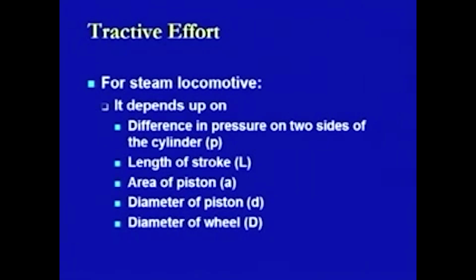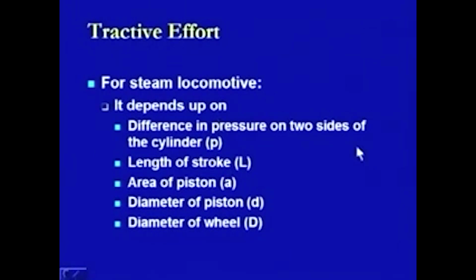Now, in the case of the steam locomotive, what we can see is that it is going to depend on the difference in pressure on the two sides of the cylinder. Here in the steam locomotive, what happens is there is a steam pressure and there is a cylinder in which, because of this steam pressure, we will be having a piston which moves. That is what is termed as the stroke of the piston, and the length of the stroke is taken into consideration.